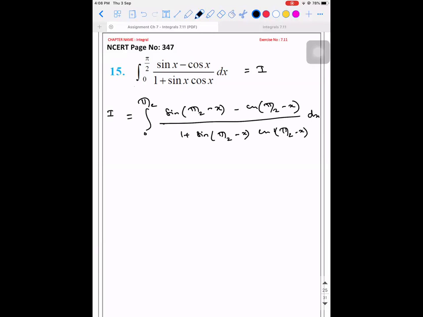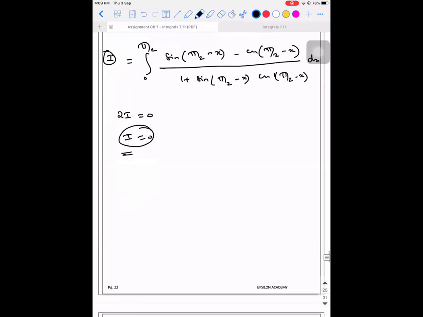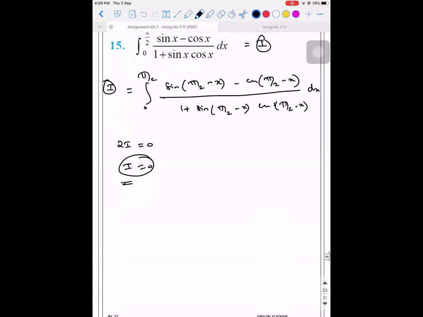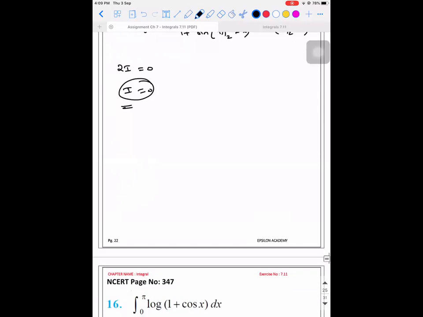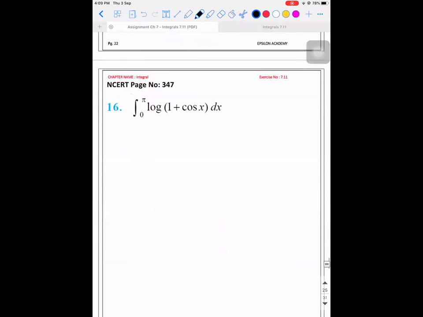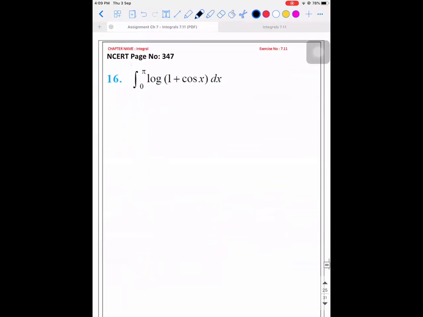If you observe, this I will be the negative of each other. So 2I will be equal to 0, I will be equal to 0. So that is 15th one. Okay. Now we'll do the 16th one.